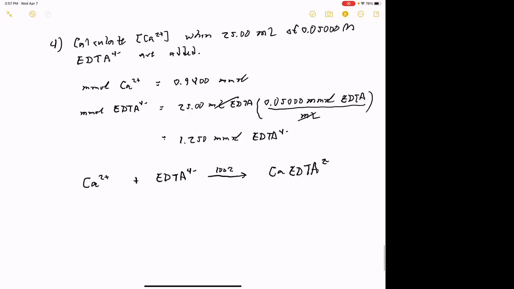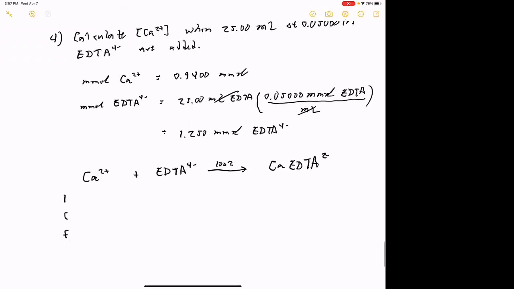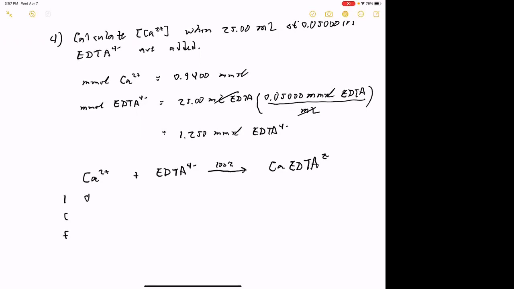All right, ICF, so we can treat it like a limiting reactant problem. Since it's an ICF, I'm going to put millimoles in there. So calcium 0.9400 millimoles, and EDTA we just figured out was 1.250, right? Yep, that looks good. Do I have any calcium EDTA in there? No, I don't.